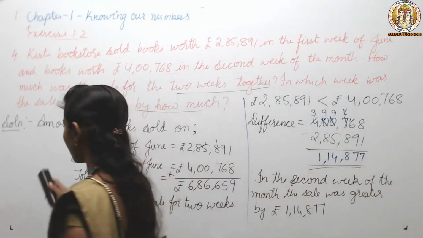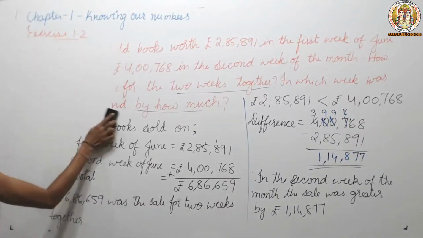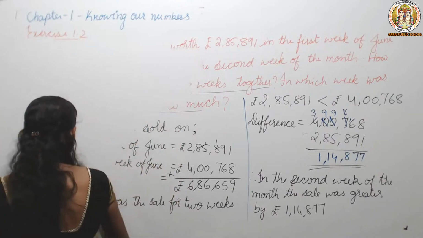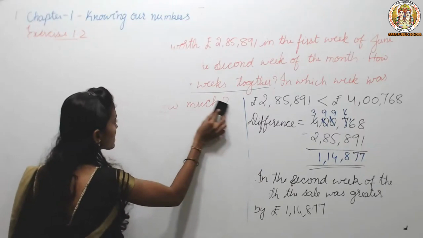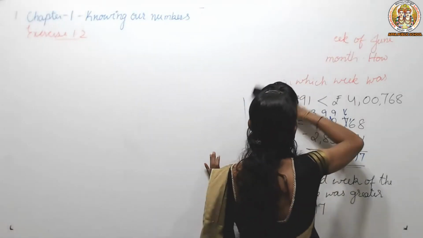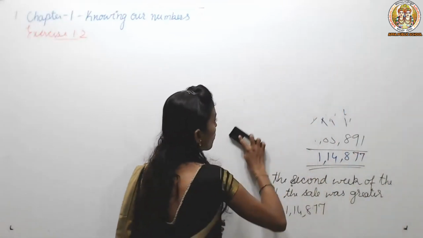The next problem is, they have given 5 digits. Using those 5 digits, we have to write the greatest 5-digit number and the smallest 5-digit number using those given digits only once.